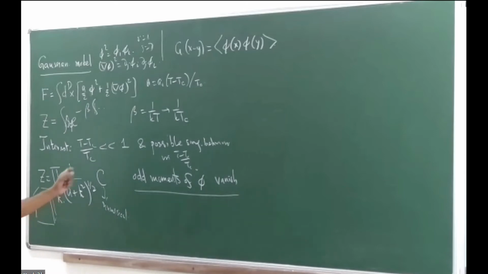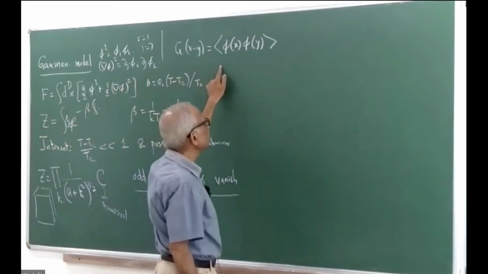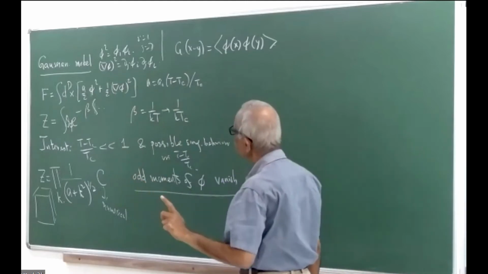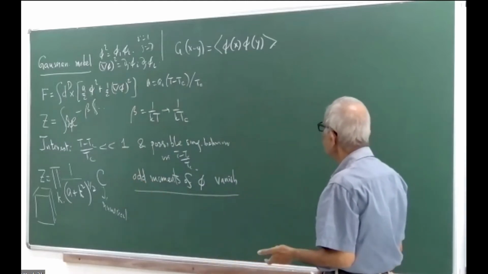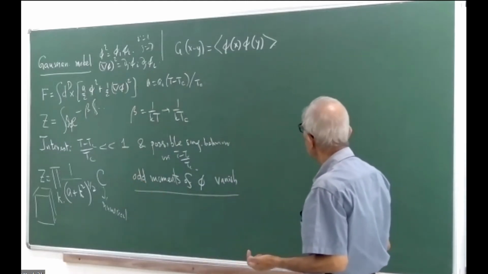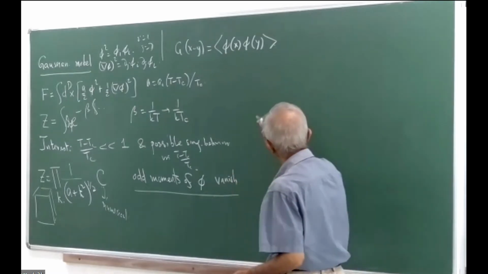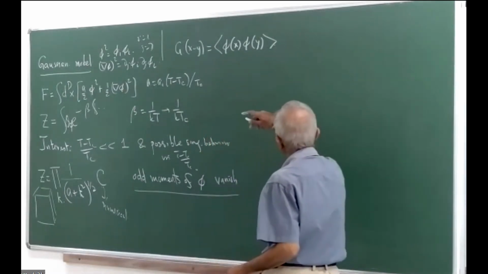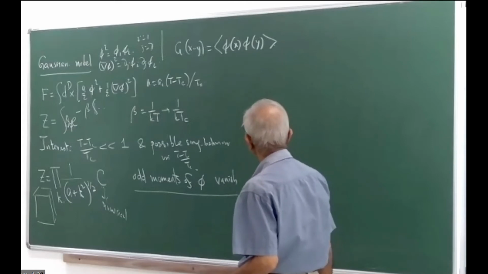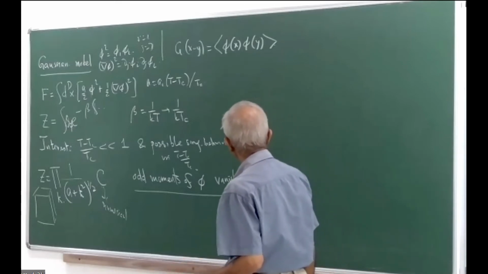So the first thing, and the only thing that one needs to calculate with a Gaussian function, is the 2-point function, which is what we did.